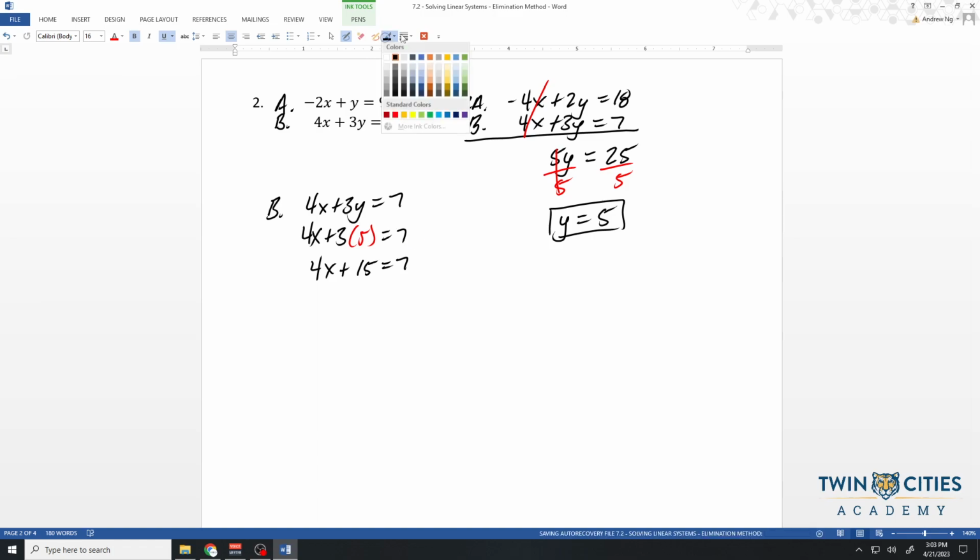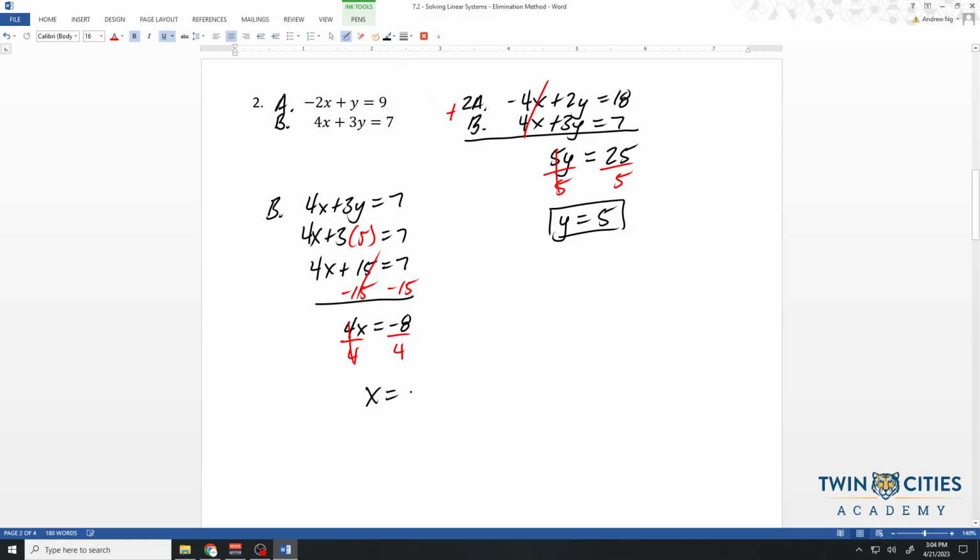And now I'll subtract 15 from both sides. 4x is equal to negative 8. And finally, divide both sides by 4. So we've got x is equal to negative 2.